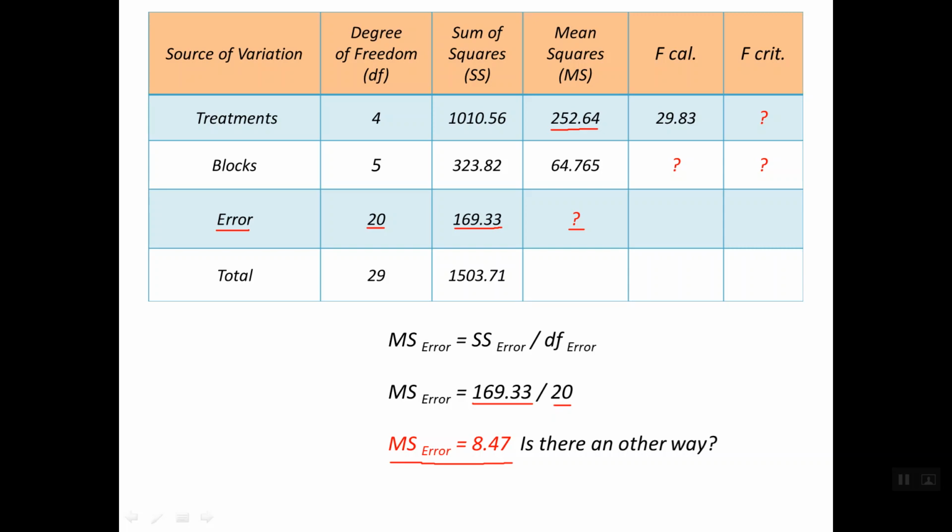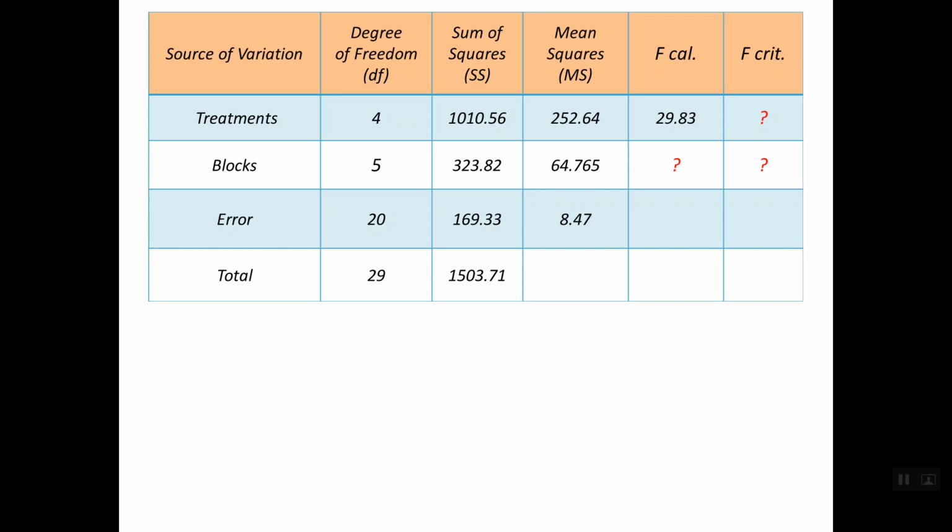I think you should review all that we have inside this table to conclude and answer this question. So this is the value of the mean square for the error.